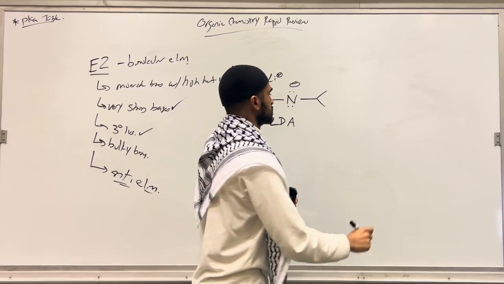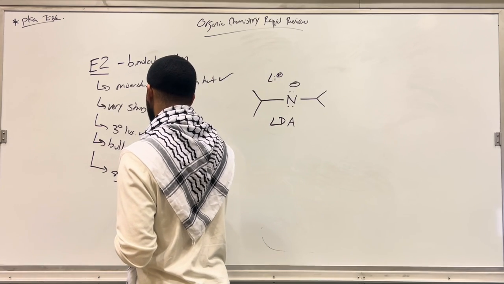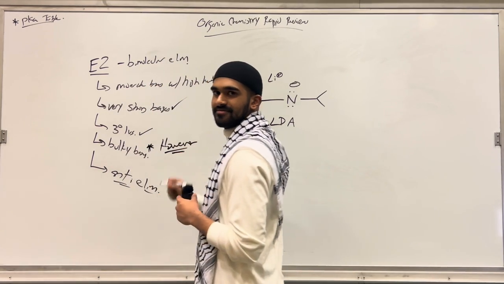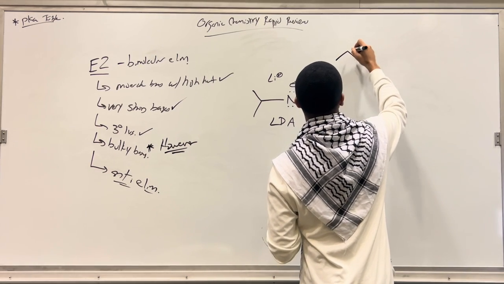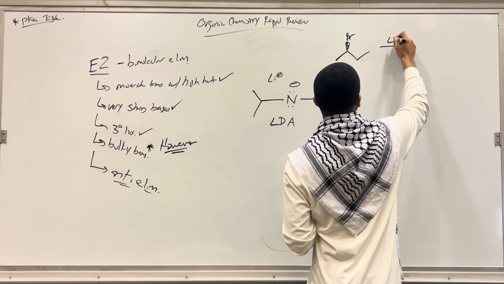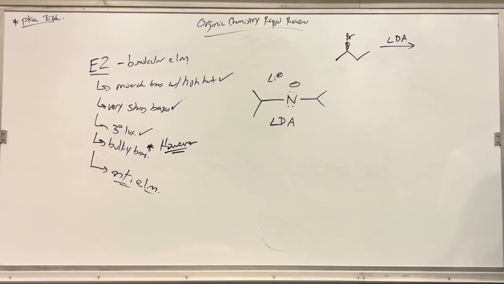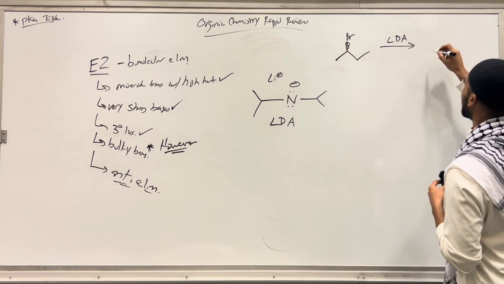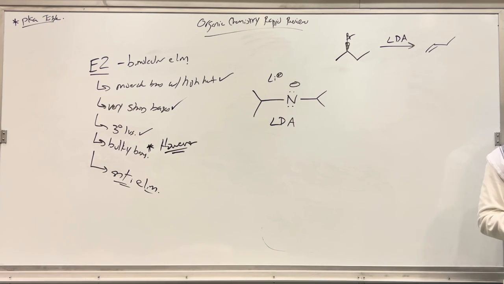However, David, since you're good at organic chemistry, and I want to put you on the spot, what's the product here? Is there less substituted? Yes, very good. It is the less substituted double bond product.